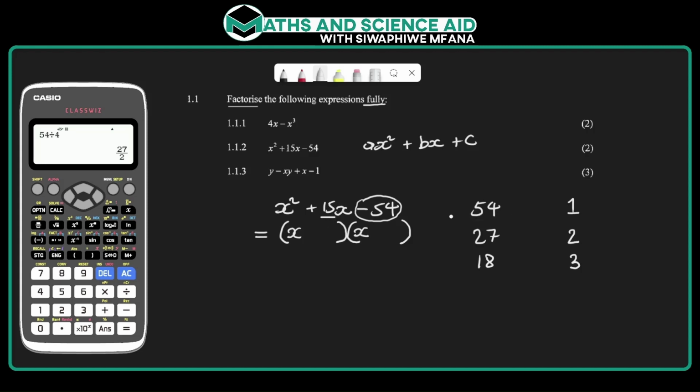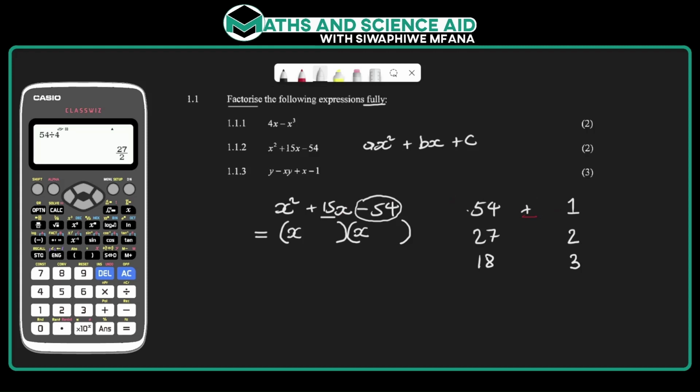For example, if we look into the first set, although we can multiply 54 by 1 to get 54, there is absolutely no way in which we can add or subtract 54 and 1 to get 15.